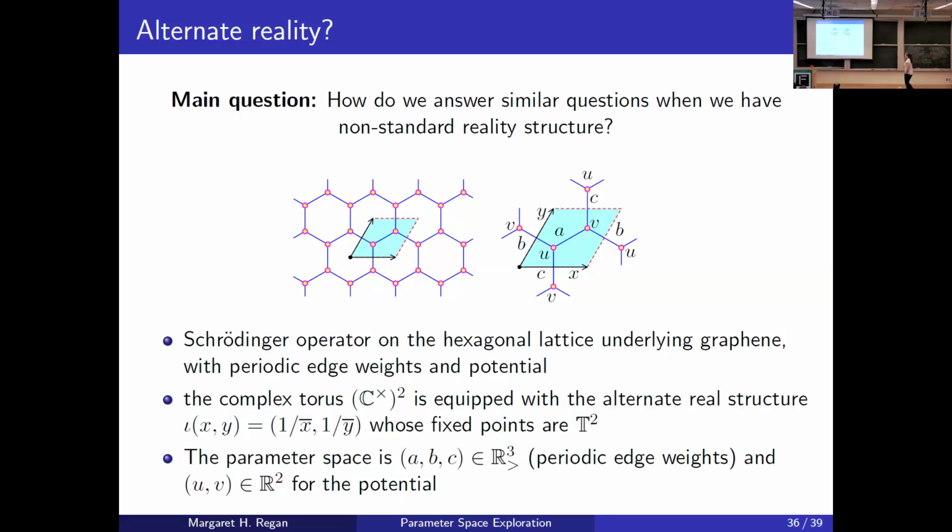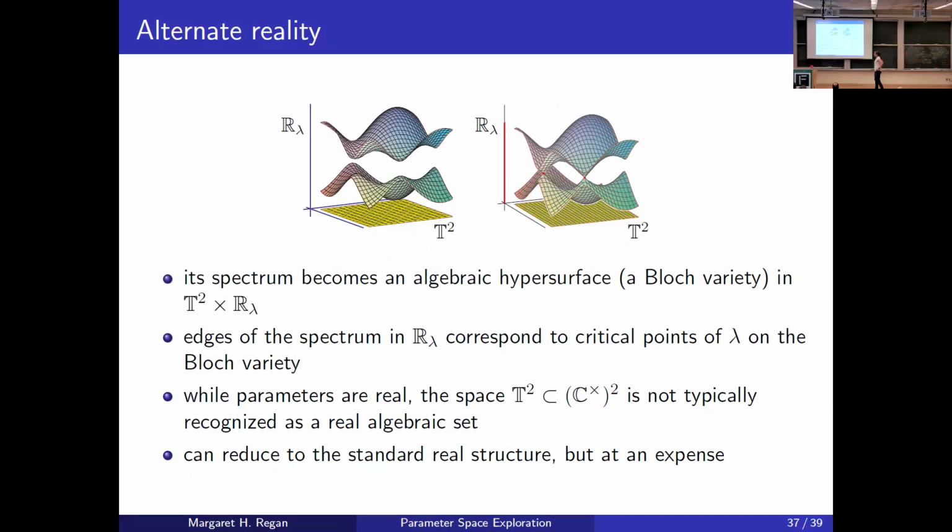What we do is look at the Fourier transform applied to this hexagonal lattice, or the matrix that describes it, where we are able to look at the spectrum, and this spectrum becomes the Bloch variety.